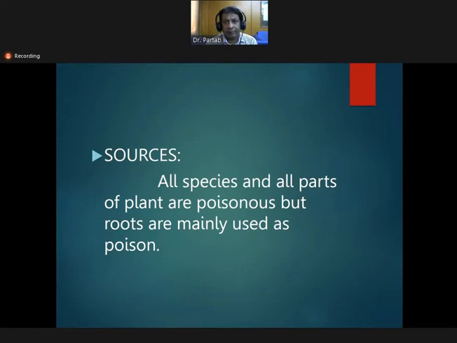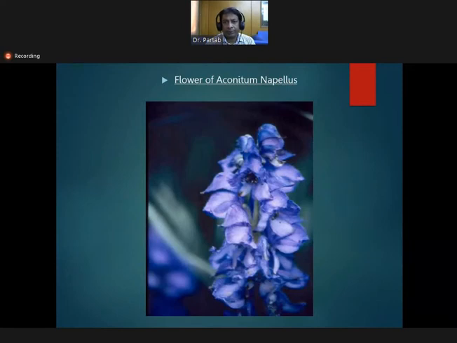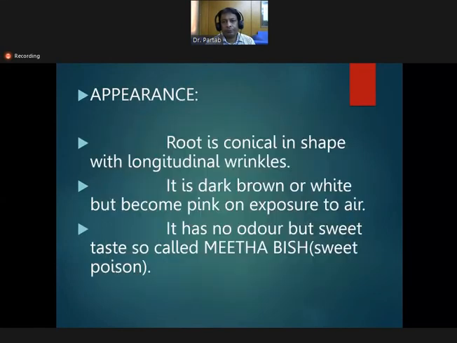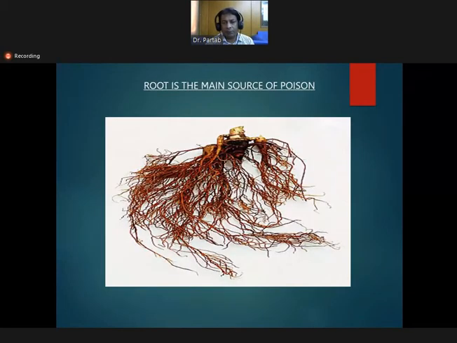It is mostly present in the seeds and the roots. As I said earlier, mostly it is present in the roots, but all parts of the plant contain aconite. Roots are mainly used as a poison. This is a picture of the root of aconite.